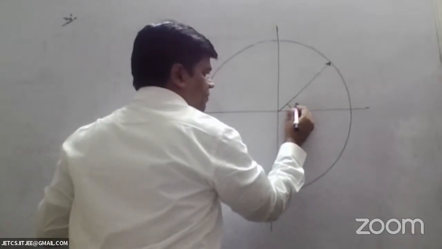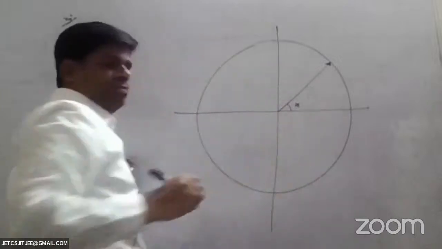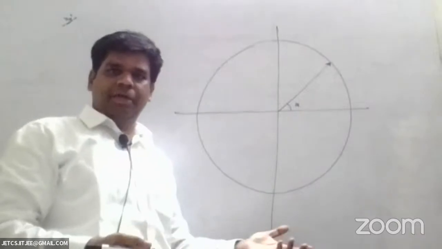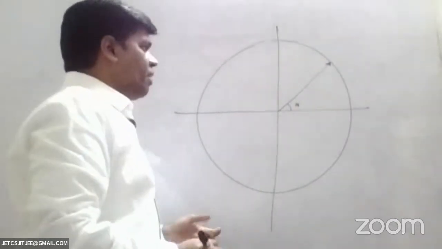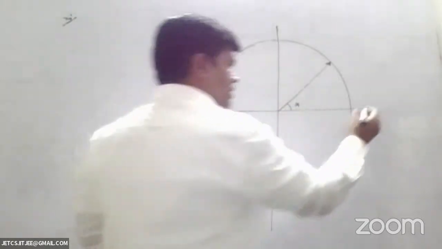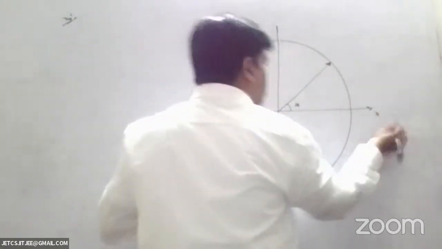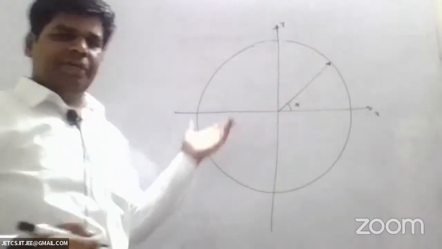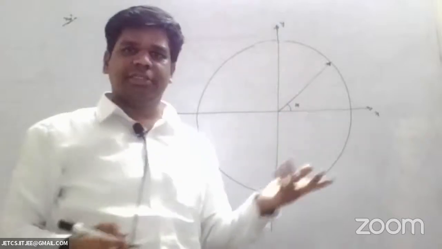Instead of theta, I'm taking alpha, just for convenience; it's just the name of the angle. The horizontal axis, let's call it the x-axis, and the vertical axis the y-axis. You can name them x and y, x dash, y dash, anything, just names.